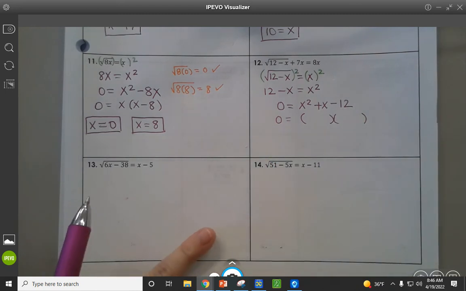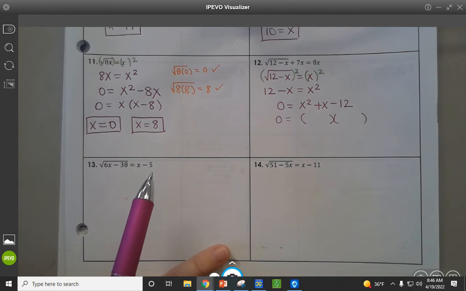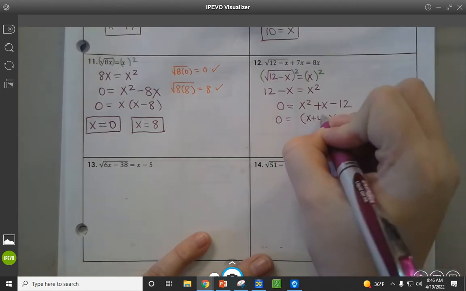Positive 4, x plus 4, and x minus 3. So I would have x equals negative 4 and x equals 3. And we want to check both of those.